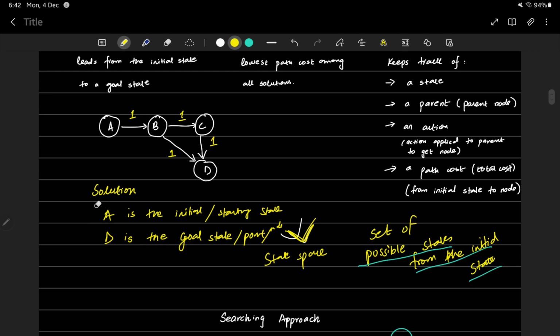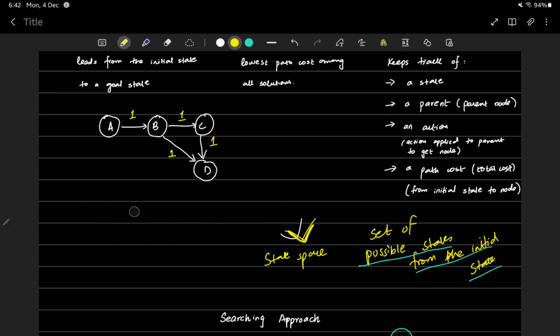So you will say, okay, the solution would be I'll start from A, I'll go to B, and then I'll go to C, and then I'll go to D, right? This can be a solution. I can reach from A till D. So this is my solution, that's it.